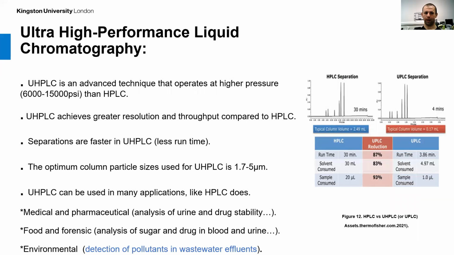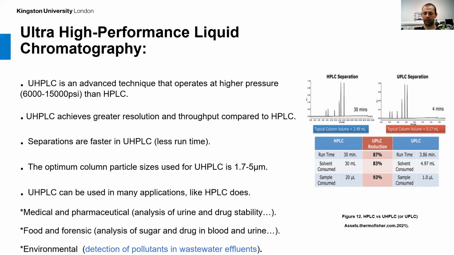In this slide, we will compare a very advanced technique called ultra-high performance liquid chromatography, UHPLC, with HPLC. As you see in figure 12, there is a comparison between the HPLC chromatogram and the UPLC chromatogram. UHPLC is an advanced technique that operates at a high pressure between 6,000 to 15,000 psi compared to HPLC.